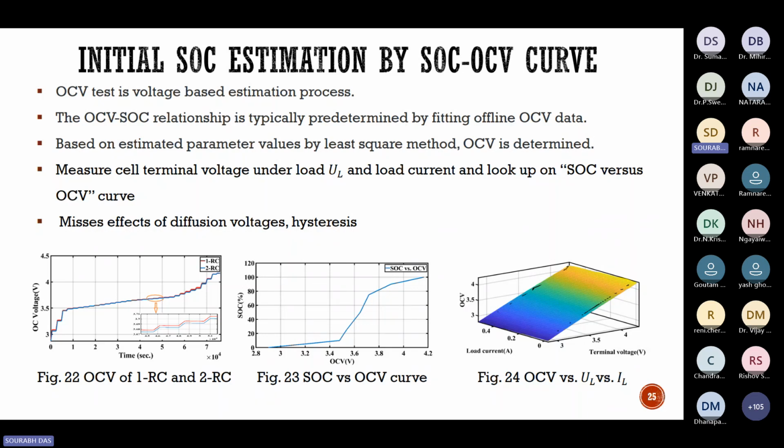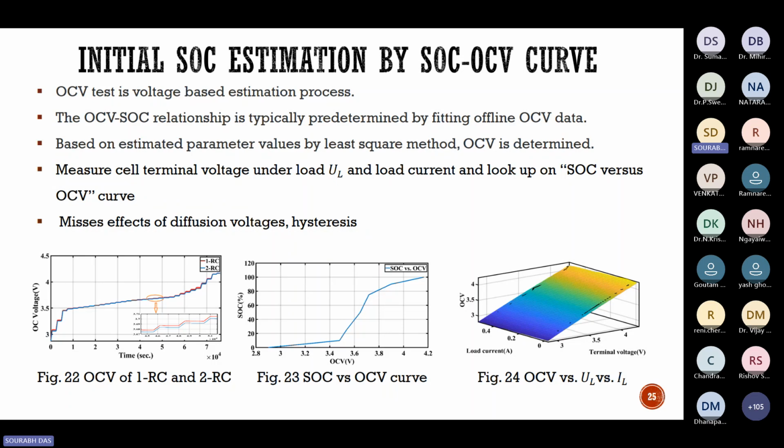And if we do the test in a cycle, meaning we charge and then again discharge the cell, then we can see that there is a gap between the terminal voltages. This is called the hysteresis effect of the cell.